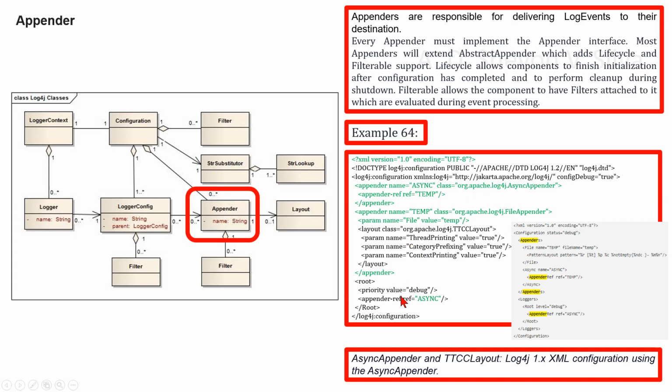This is Log4j XML, Log4j.xml. The Log4j 2 XML configuration, Log4j 2.xml.